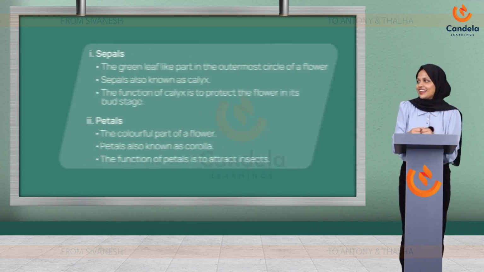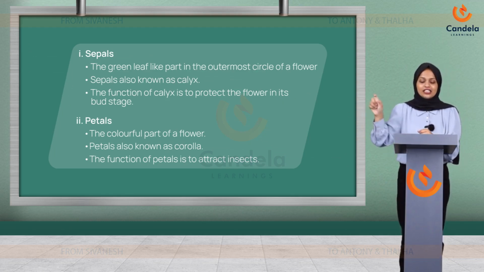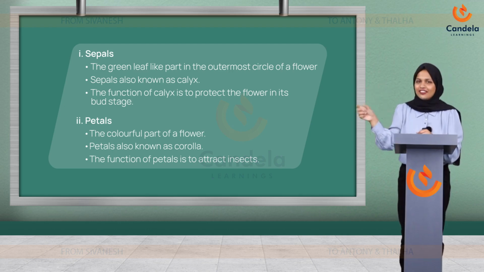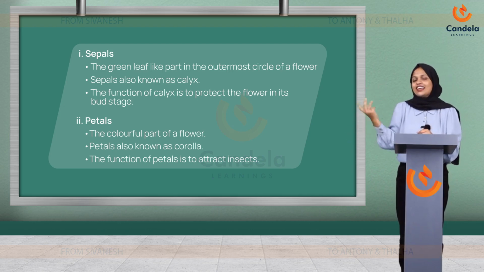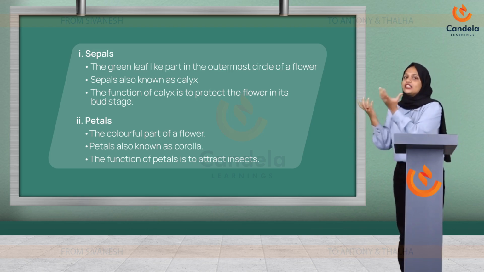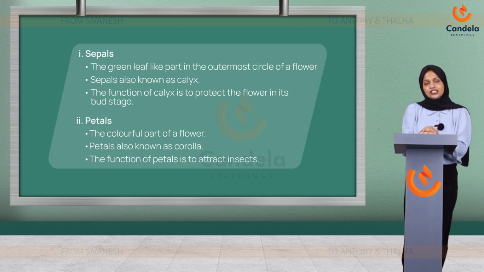Next, we'll have a detailing on the four parts of a flower. What is the first one? It is the sepal. Now what is a sepal? A sepal is a green leaf-like part in the outermost circle of a flower. Below the petal, you can see a green leaf-like structure, and that is known as a sepal. When the sepals unite together, or a group of sepals, they are known as the calyx. What is the function of the sepal?